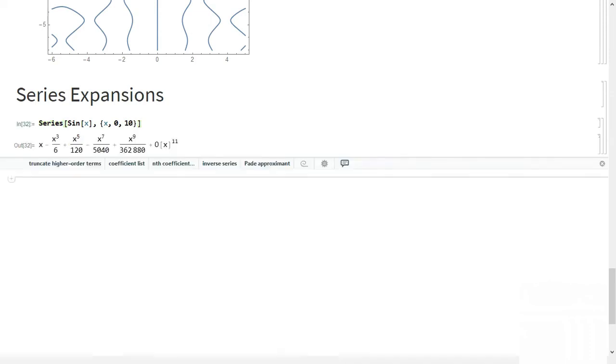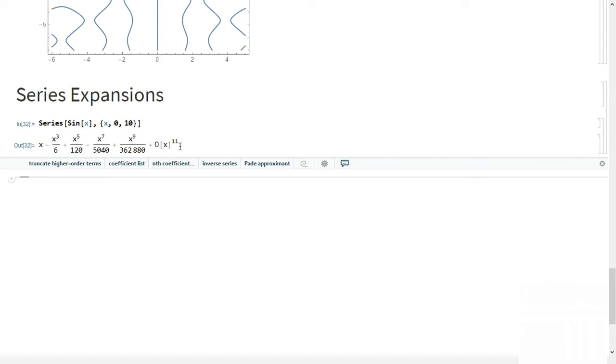So what if I try 10? That means I want to see the terms that contain a maximum power of x to the 10, and I don't want to see things like x to the power 11, x to the power 12 and all that. If you run that, you can see that 5, 7, 9 are there, and after 9, the x to the power 10 doesn't exist in the sine series because the coefficient is 0.